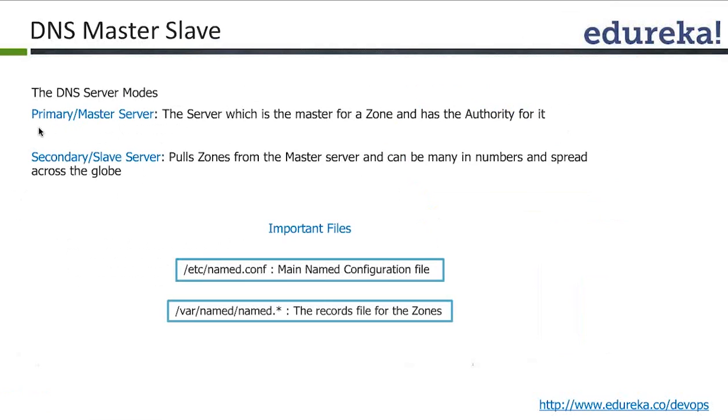So DNS being a very important thing, it has been designed in a master-slave scenario, which, as I said, is for high availability. The server which is the master for a zone has the authority for it. The secondary pulls data from the master server and there can be many of them, spread across the globe.